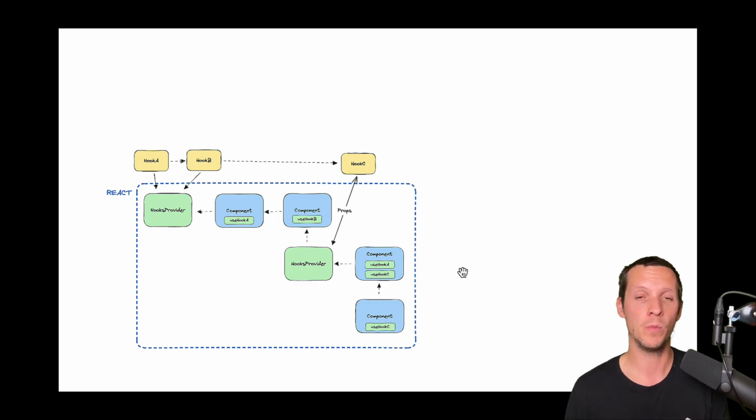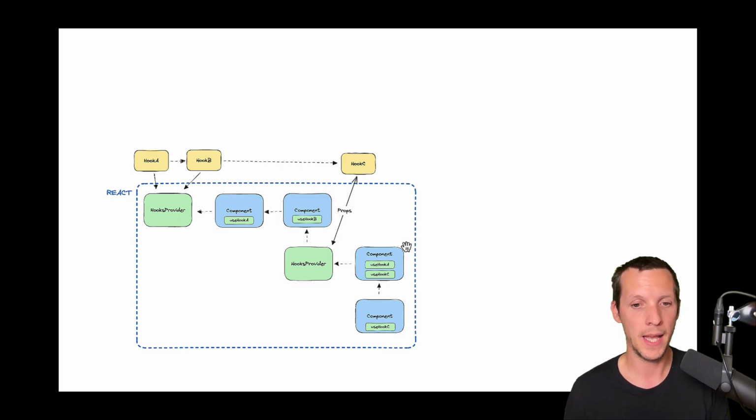And these hooks will be instantiated when that hooks provider mounts and that page mounts, which means you can give those hooks initial values.